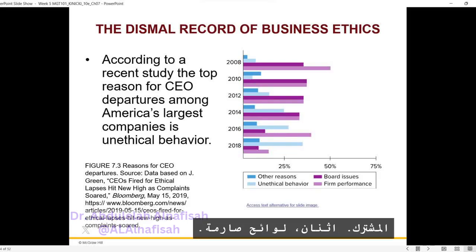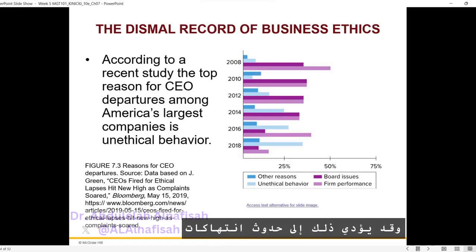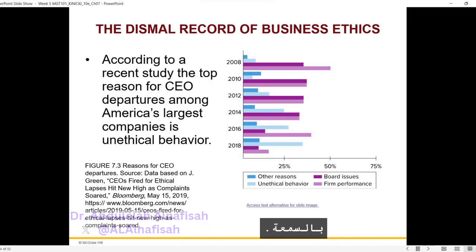Stringent regulations. Regulations have become more stringent in many industries, which places greater emphasis on ethical behavior and compliance. Companies are now held to higher standards, and violations can result in severe penalties and reputational damage.